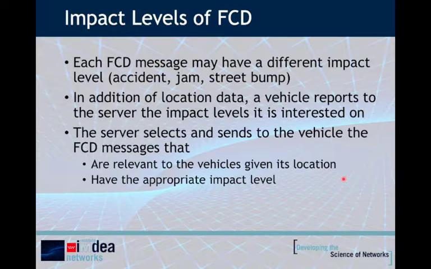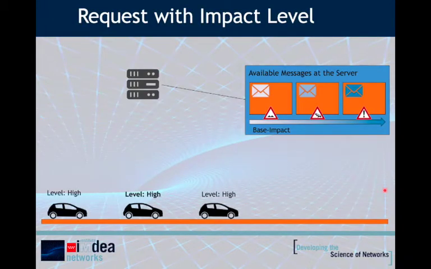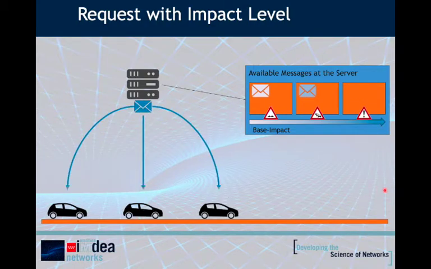Then what the server is going to do to select and send the FCD to a given vehicle is to identify whether the data to be sent is relevant to the vehicle given its location, and it has the appropriate impact level as requested by the vehicle. In this example, there are three different levels, but the vehicles are only requesting the highest level of FCD, which is reported to them from the server.